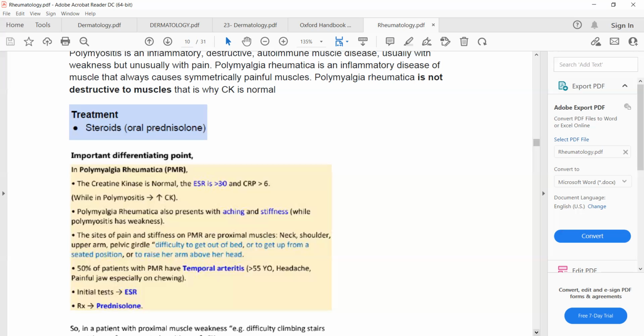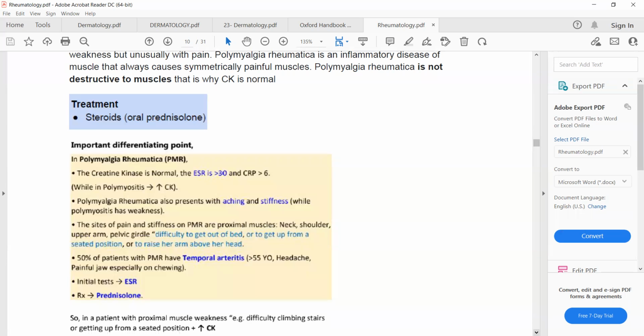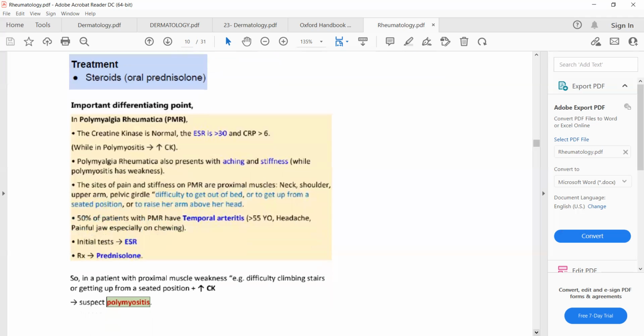And another initial investigation can be creatine kinase. Creatine kinase will be normal in polymyalgia rheumatica and it will be raised in polymyositis. Polymyalgia rheumatica presents with aching and stiffness, while polymyositis presents as proximal muscle weakness.